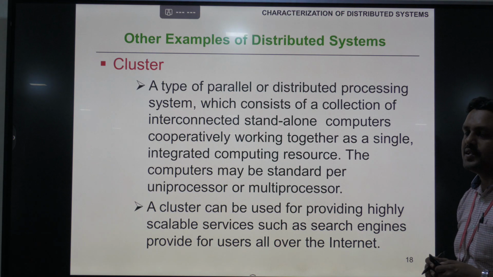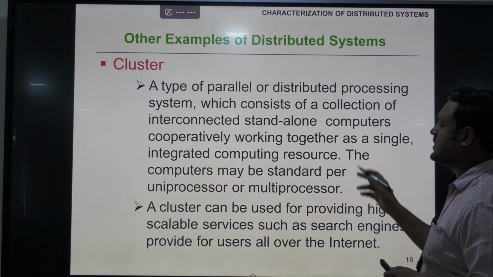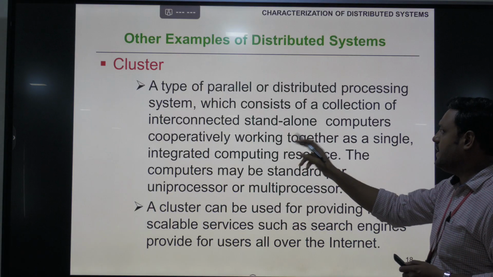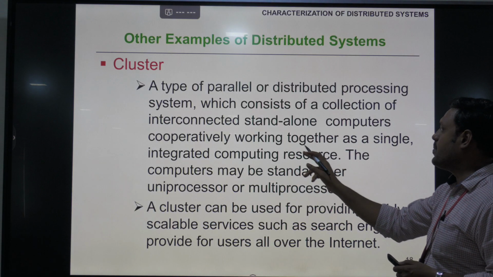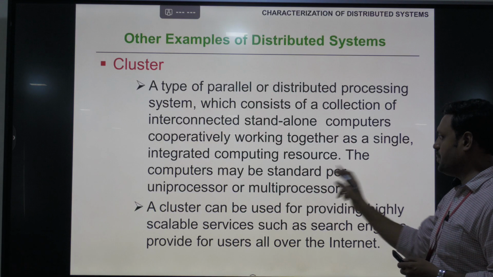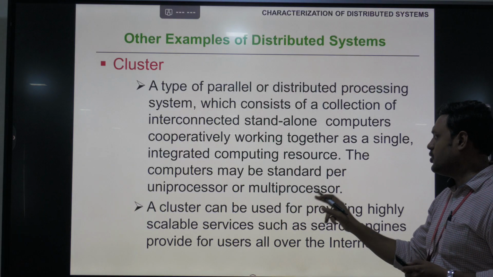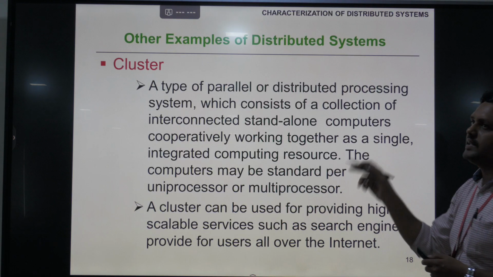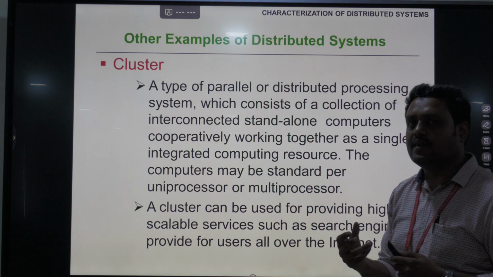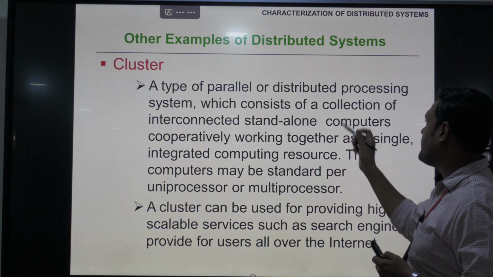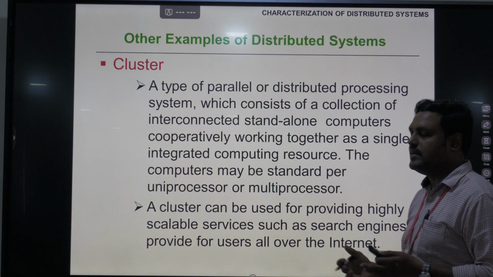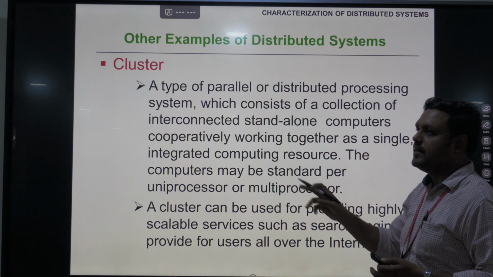So one is cluster. A cluster is a type of parallel or distributed processing system which consists of a collection of interconnected standalone computers, cooperatively working together as a single integrated computing resource. The computers may be standard but uniprocessor or multiprocessor. So basically a cluster is a group of computers which works on a technique called parallel computing and distributed computing, where the systems work in parallel and distributed processing can be done.